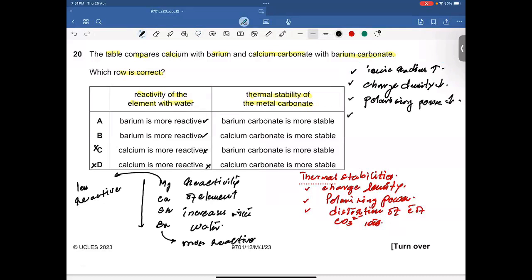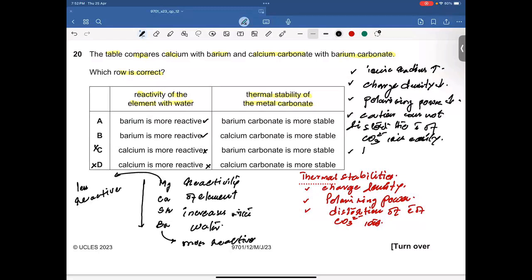If polarizing power decreases, it means the cation cannot distort the electrons of carbonate ions easily.